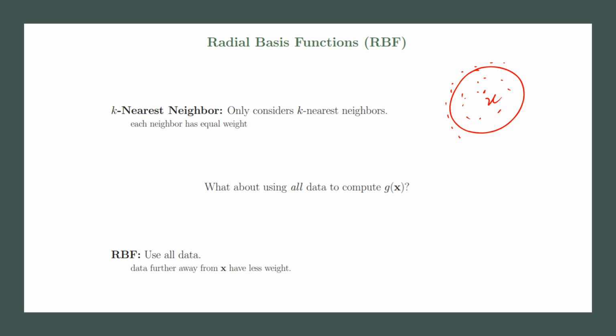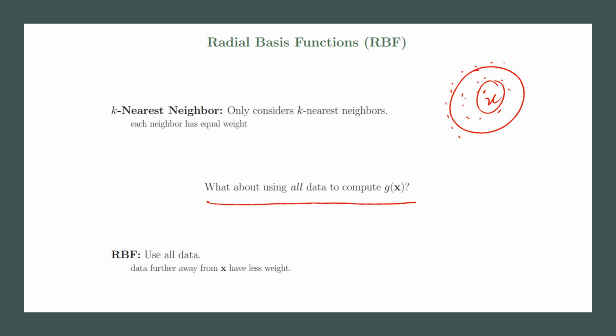So how about if we use all the data to compute G of X? The intuition is that if we do that, we are definitely creating computational issues and memory issues for us, but that's fine. How about the actual misclassification issue?